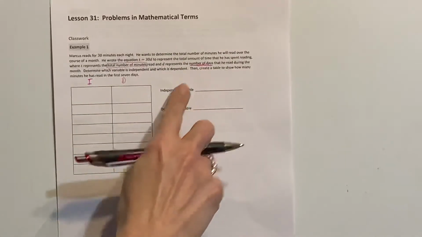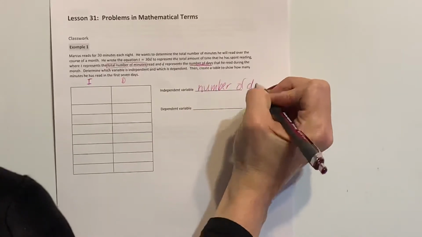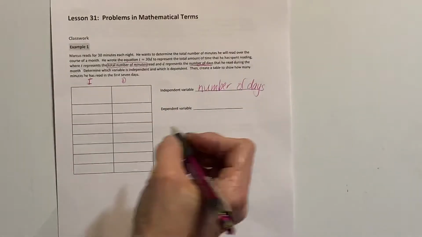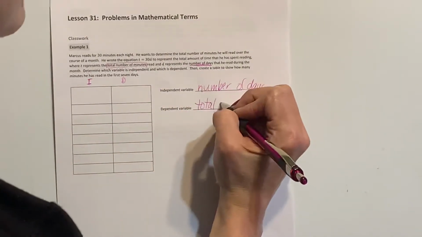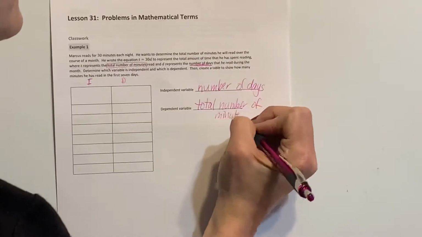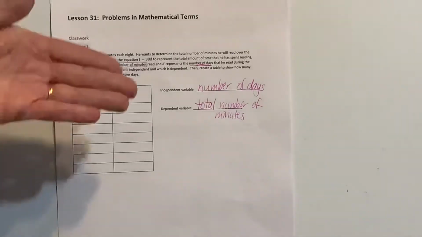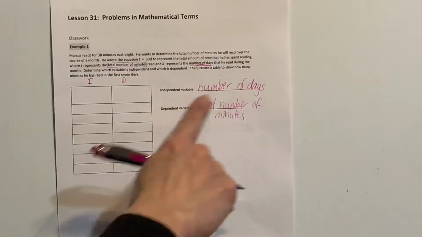All right, so I'm going to put number of days for the independent variable. The thing that could change or depend upon it would be the total number of minutes. If he skips a day, it will change the total number of minutes. So that's why the number of days would be the independent variable, and the total number of minutes would be the dependent variable.